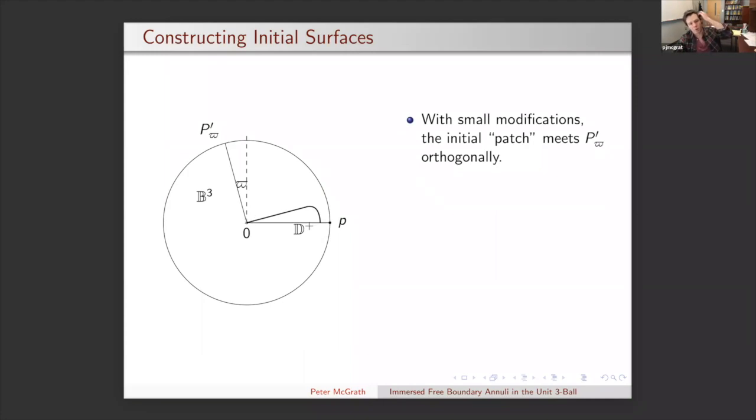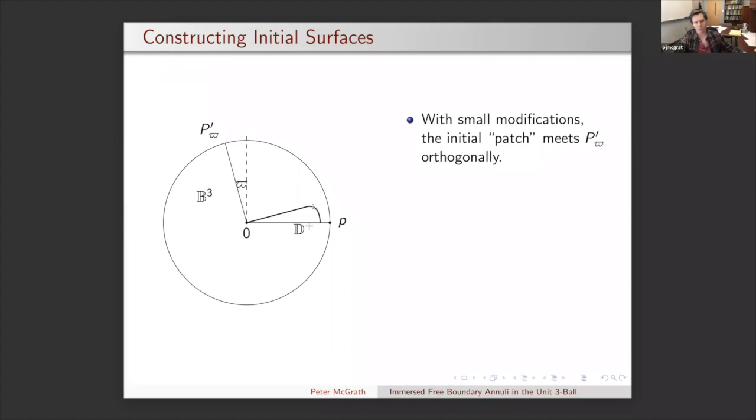So you would like to solve the Jacobi equation over one of these initial surfaces with error terms, because you'd like to kill the error mean curvature that you're supporting on one of these surfaces. So there's a lot of hard work that I did not in this talk discuss at all that goes into actually writing down the linearized minimal surface equation over this surface, showing that you can solve it with error terms.